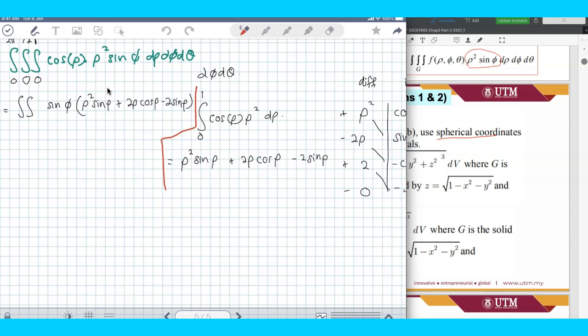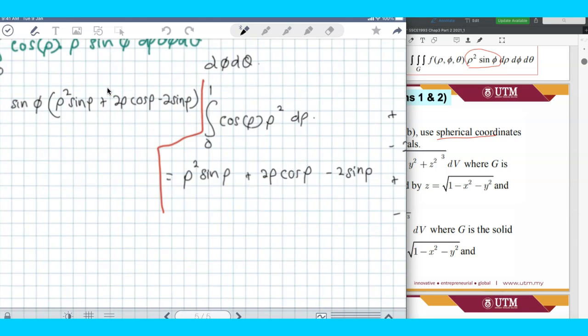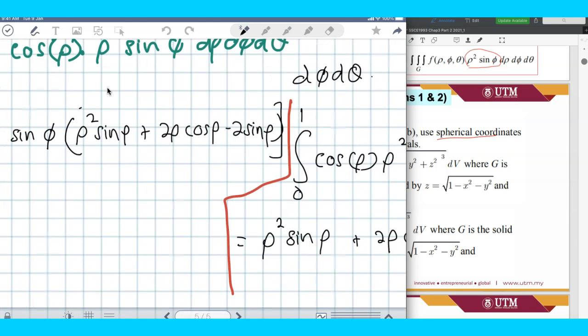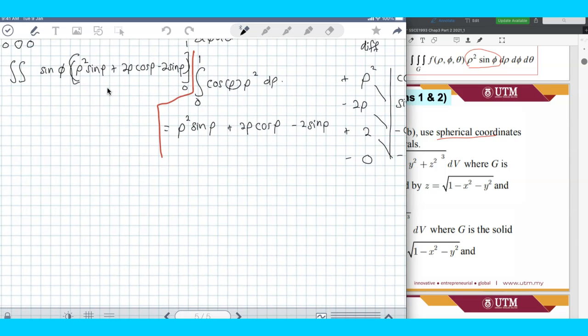So then I have to replace the limit of rho, which is 0 to 1. When I evaluate that, firstly I replace the 1: sine 1 plus 2 cos 1 minus 2 sine 1, minus 0 plus 0 minus 2 sine 0, which will give you 0.